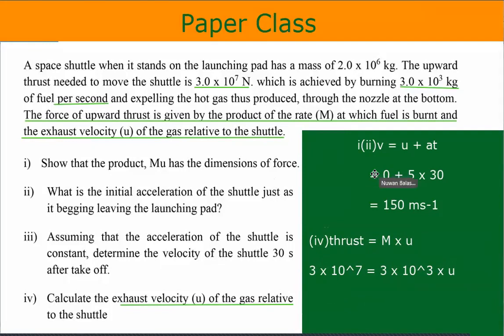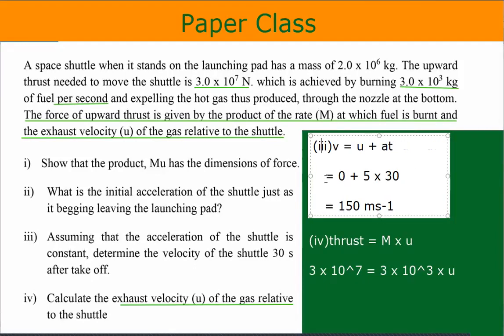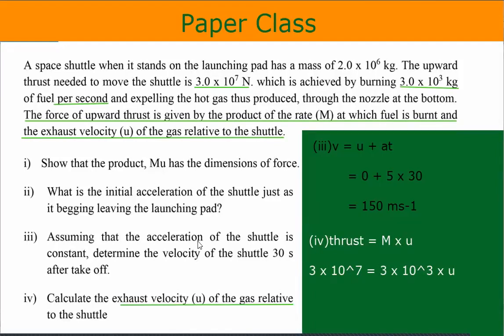So all the things are given, and it's very easy to do the calculation and find U. As all the things are given, we just need to put in the numerical values and do the calculations.